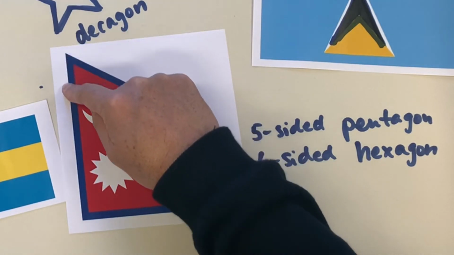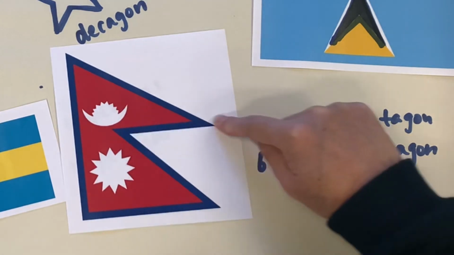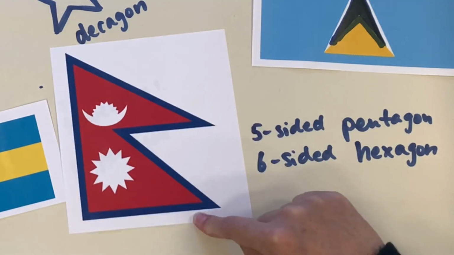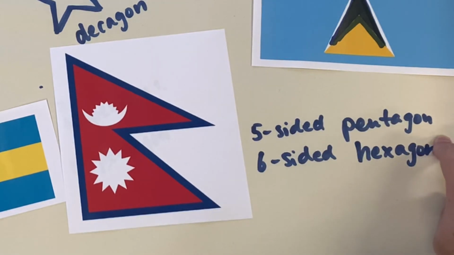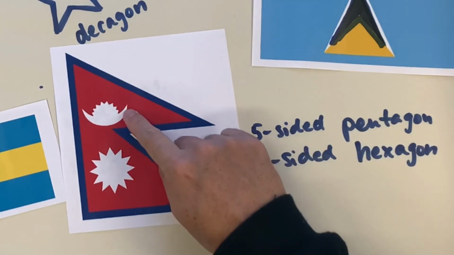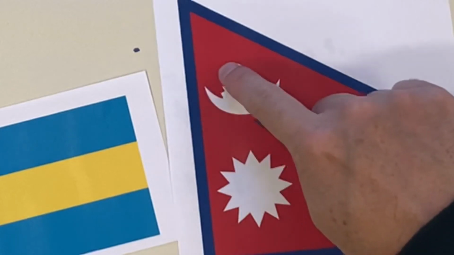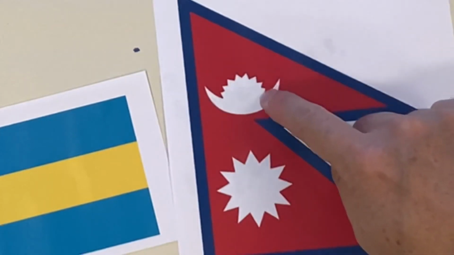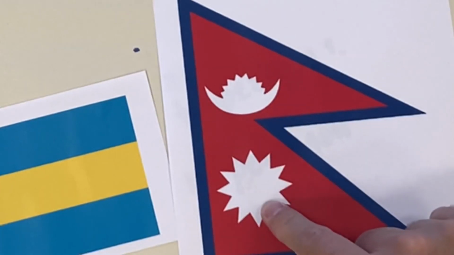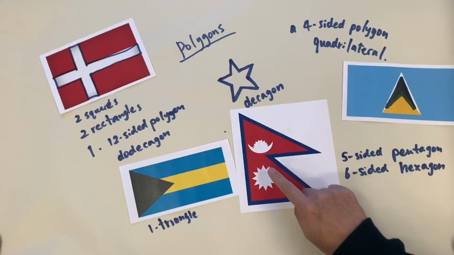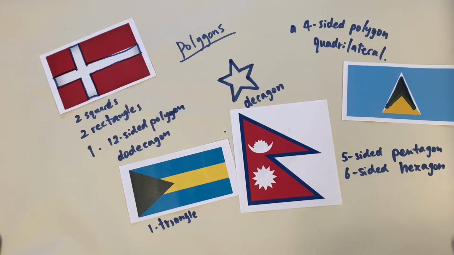Now, 1, 2, 3, 4, 5. This is a five-sided polygon. It's a pentagon, isn't it? Now, this shape in the middle is not a polygon because it is not made of straight sides, but this is. You can count and check what kind of shape this is.